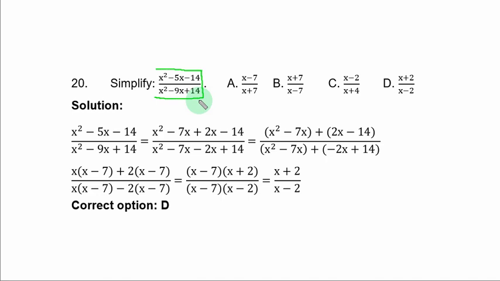So if you factorize, you have this final result. You see that there are 2 common factors, they will cancel out, and you are left with s plus 2 over s minus 2. So D is the correct option.